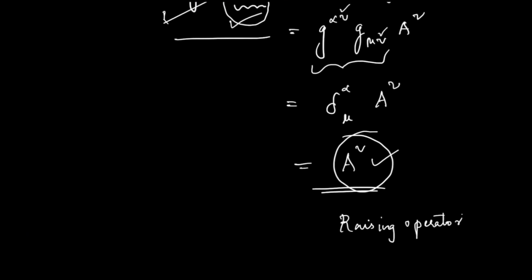Thus, the indices of any tensor can be lowered or raised by forming its inner product with either of the fundamental metric tensors.